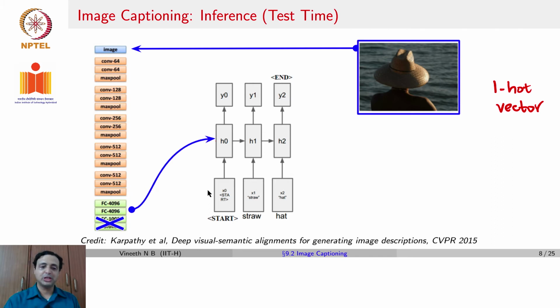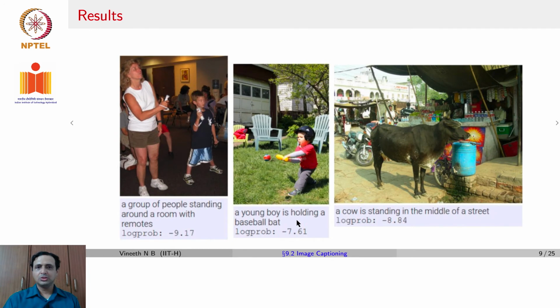But coming back to captioning, given the image, you get an FC7 representation. Obviously, you could also take a representation in an earlier layer that's given as input to the RNN, and the RNN generates the phrase straw hat. So here are a few results of such an approach. You can see here for this image, this approach predicts a group of people standing around a room with remotes.